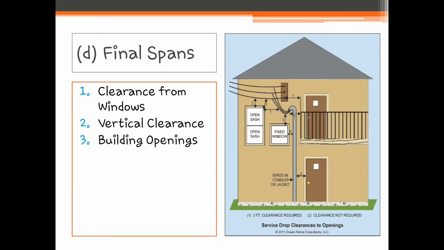So, next is the final spans. Kani guys, final spans of feeders or branch circuits shall comply with the following. First is the clearance from window. So, kadugdug mo na tudlo ni Sir sa ato na dapat ang final spans to the building they supply or from which they are fed shall be permitted to be attached to the building, but they shall be kept not less than 900 mm from windows that are designed to be open.